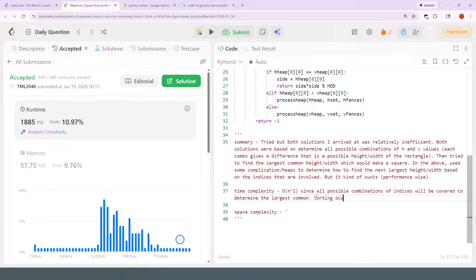Space complexity is going to be, actually I think this might be O of n squared as well, since tuples will store all combinations to be looked at.